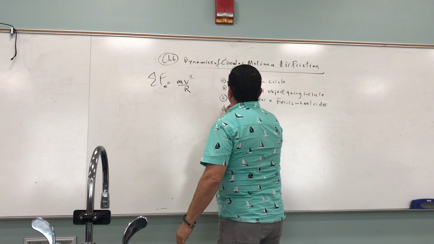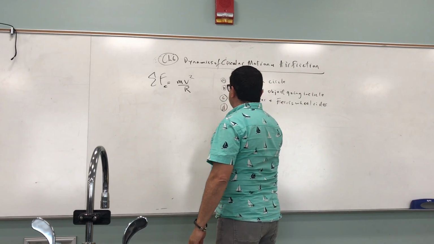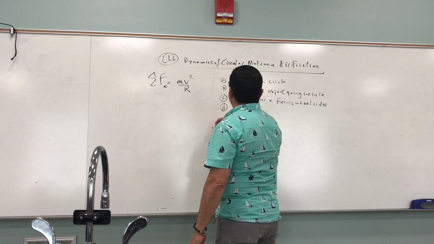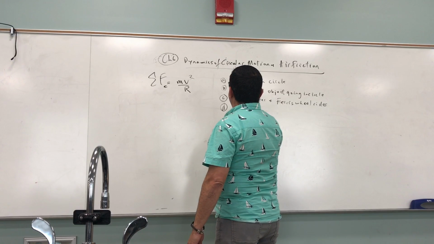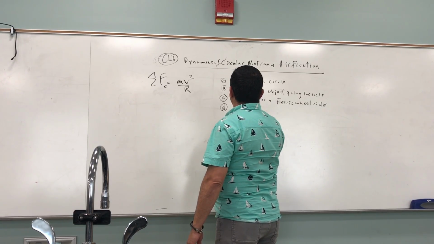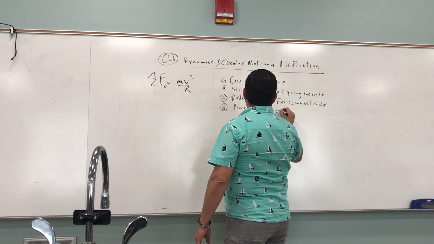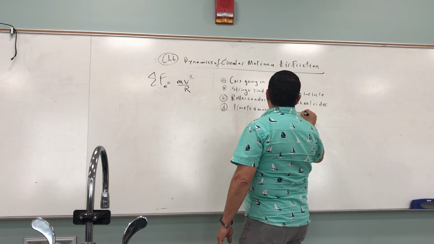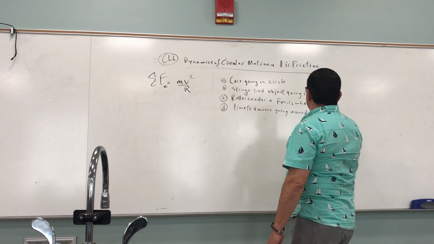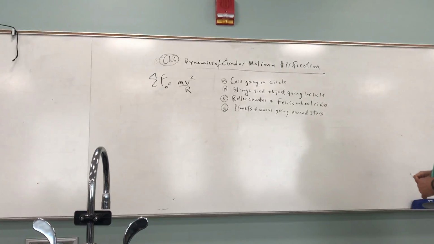And then the other kind, you do this more in physics 2, would be planets going around stars. Those are all circular motions.